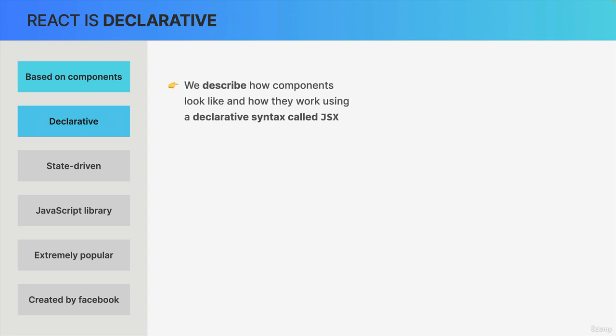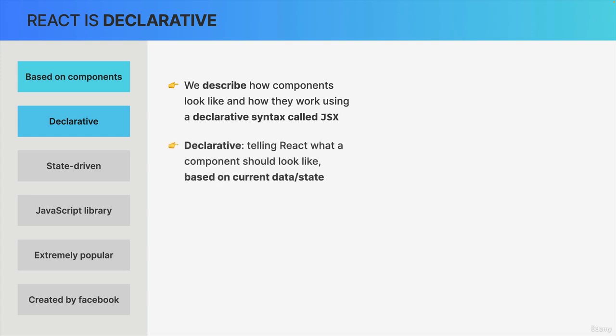So, in order to describe what each component looks like and how it works, we use a special declarative syntax called JSX. And declarative simply means that we tell React what a component, and ultimately the entire UI, should look like based on the current state.